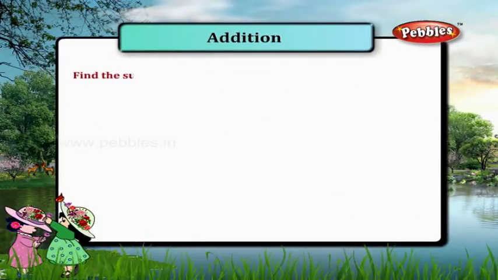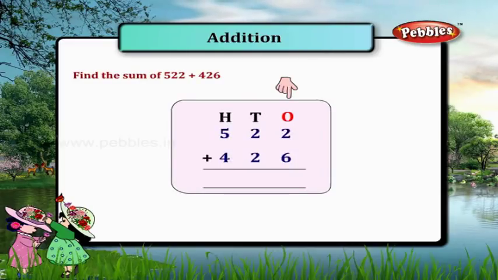Find the sum of 522 plus 426. Add the ones. 2 plus 6 is equal to 8. Add the tens. 2 plus 2 is equal to 4.